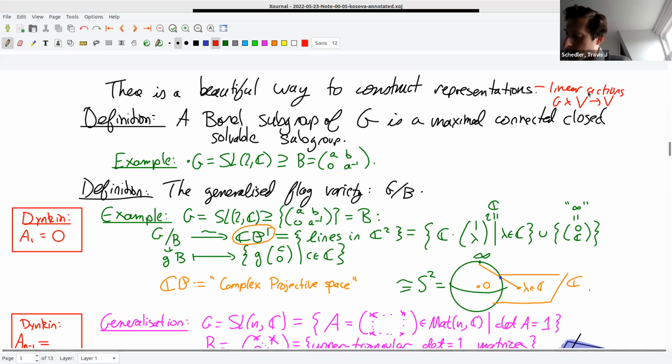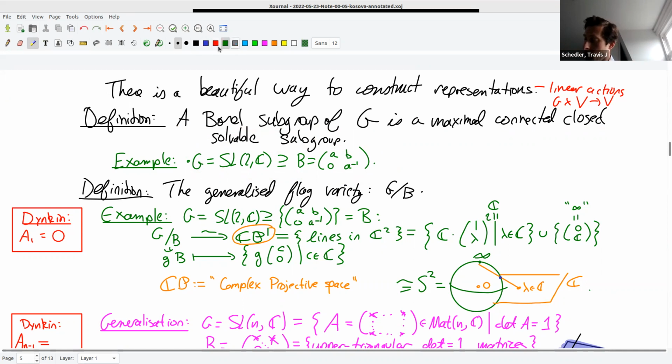So how do we do it? First, we want to define some natural geometric objects that will allow us to construct this. So we'll define what's called a Borel subgroup. It's a maximal connected closed solvable subgroup. Okay, so what's an example of that? If we take 2x2 matrices of determinant 1, SL2, then the Borel subgroup could be taken to be upper triangular such matrices. By the way, G stands for general and S for special.